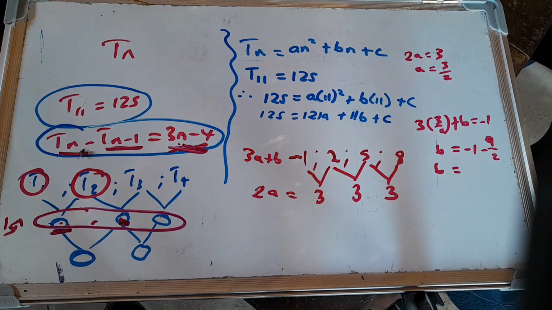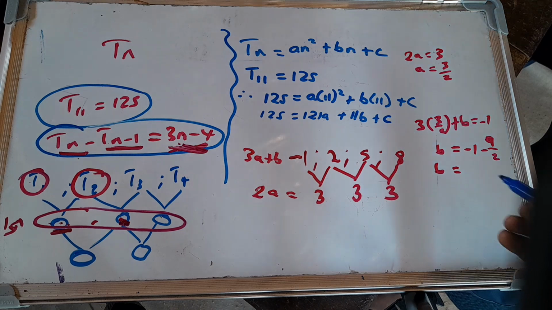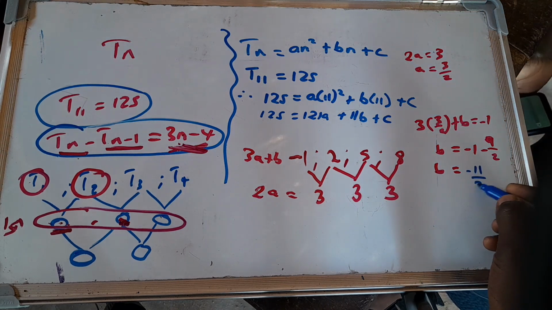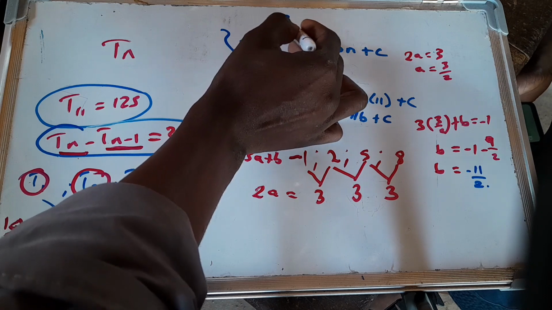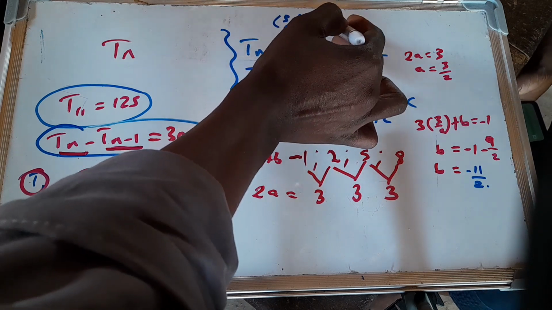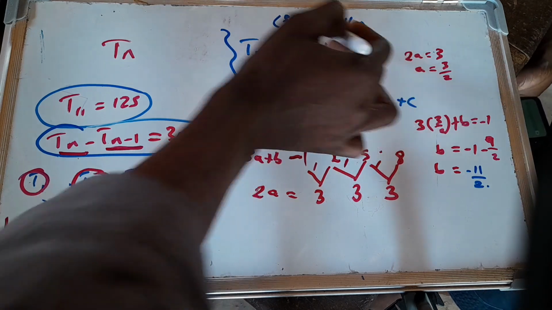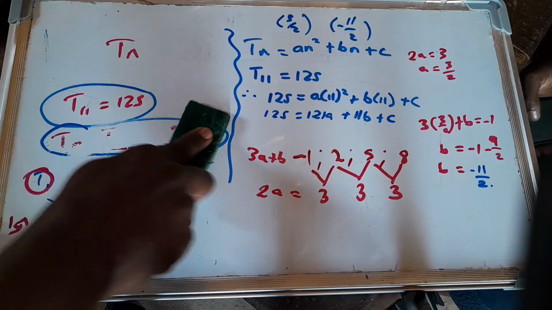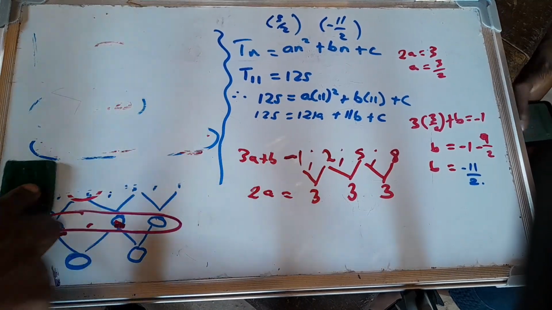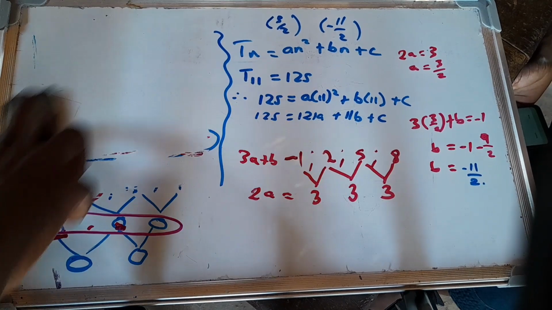Minus 11 over 2. So our value of A is 3 over 2 and our value of B is negative 11 over 2. Now we can solve for C, which is very easy.